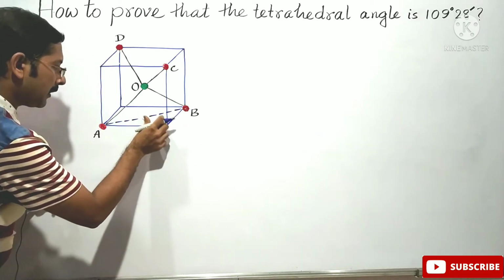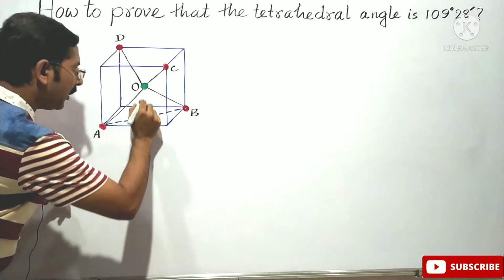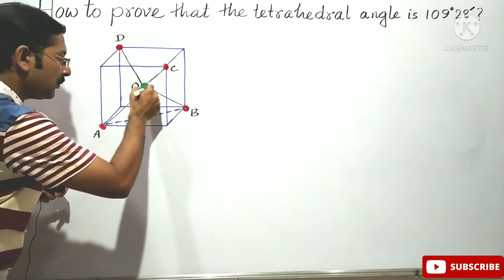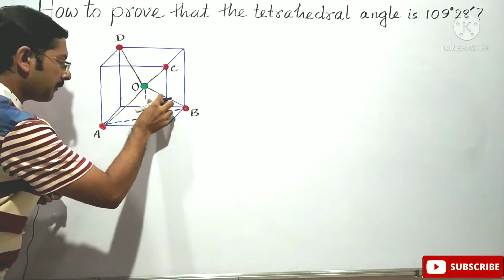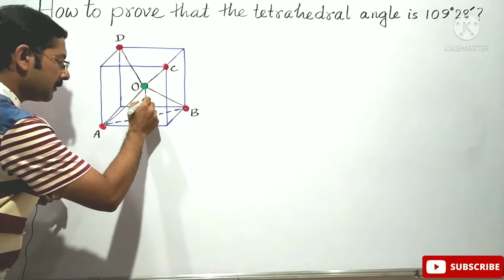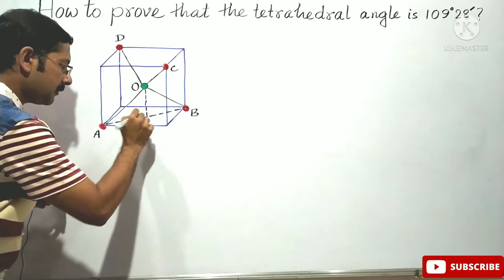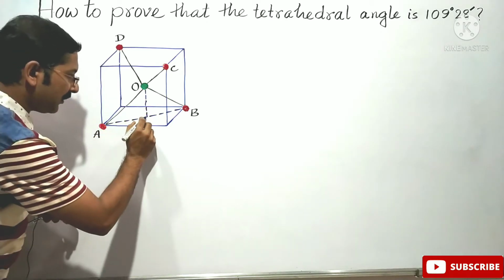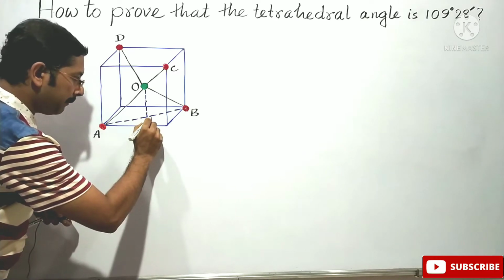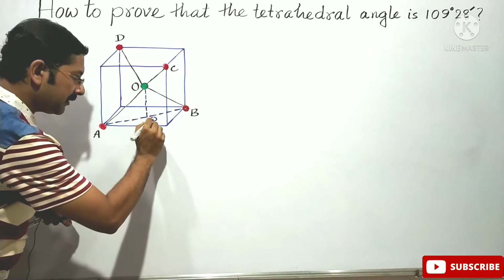Now if we draw a perpendicular on this face diagonal, okay, and this point, say, is P, okay.